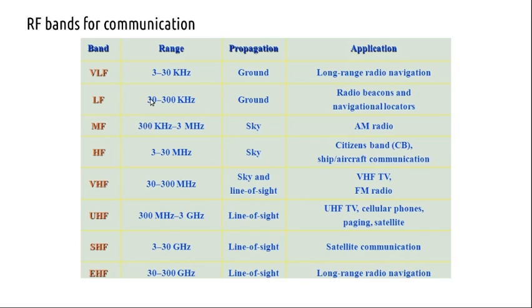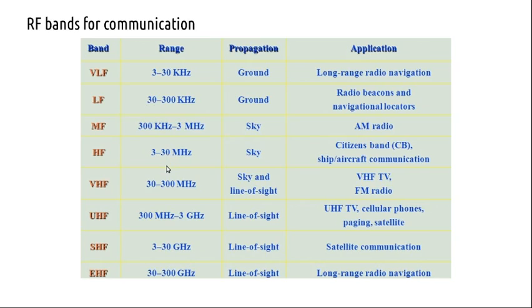Then you have the short wave. Short wave is used by the Voice of America, Radio Ceylon, or the All India Radio International band. All those things operate in the short wave region.